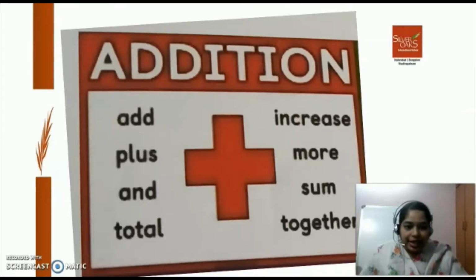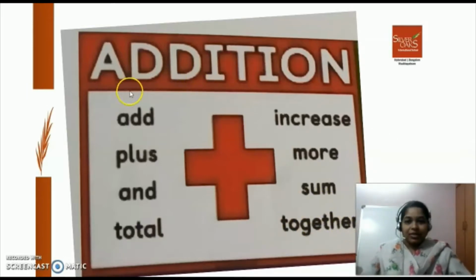In your last class, you have learned keywords on addition. ADD, add, PLUS, plus, AND, and, TOTAL, total, INCREASE, increase, MORE, more, SUM, sum, TOGETHER, together.